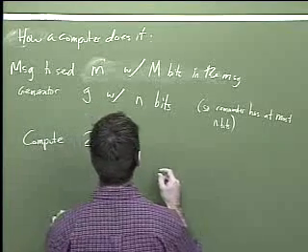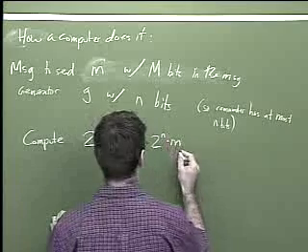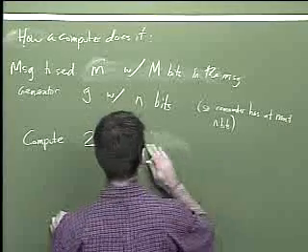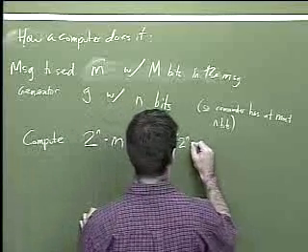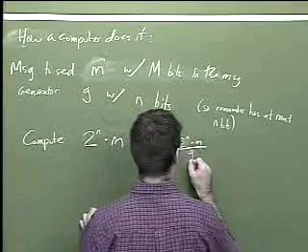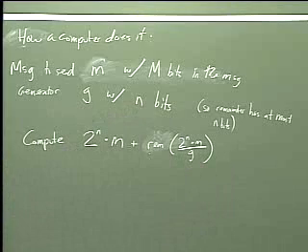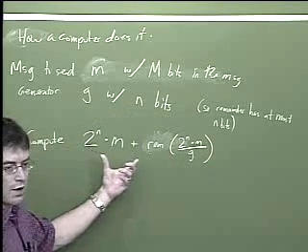Plus 2 to the n times m, it's a remainder of 2 to the n times m divided by g. So you're taking this quantity.